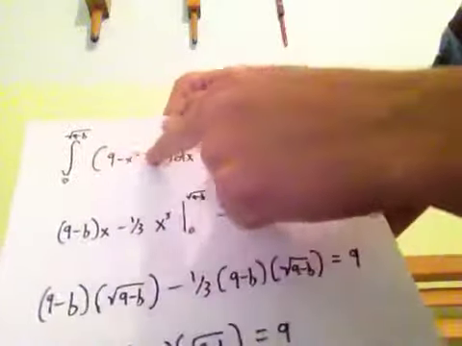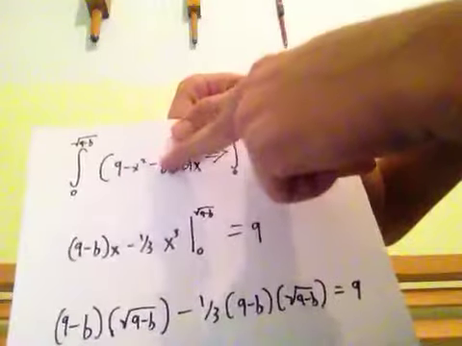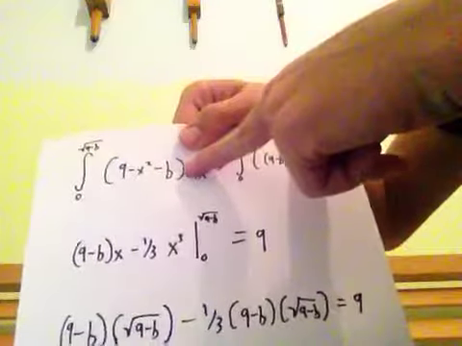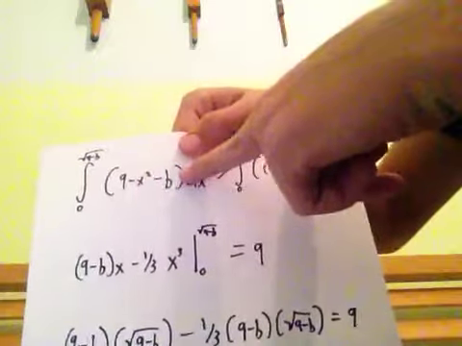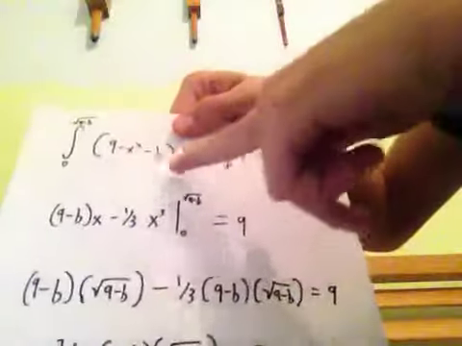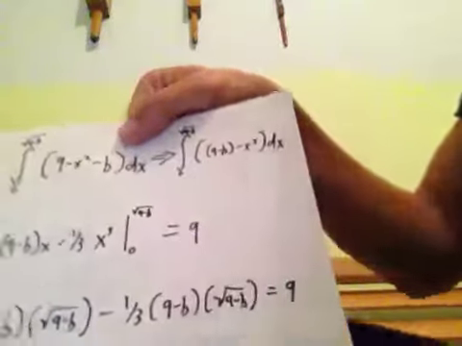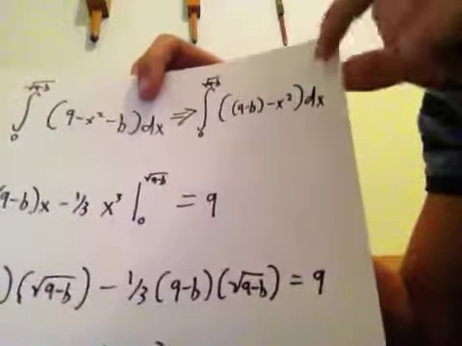Next, we have to have the two lines in here. One of the lines is 9 minus x squared, and the other line is b. This is the given. This is what we're looking for. 9 minus x squared minus b. These are x's in here, so it's with respect to dx. Now the next part isn't calculus or algebra or anything, it's just rearranging it.